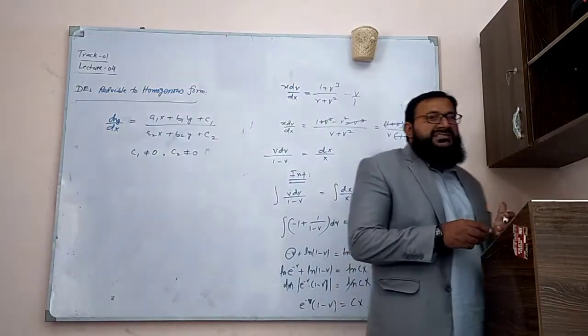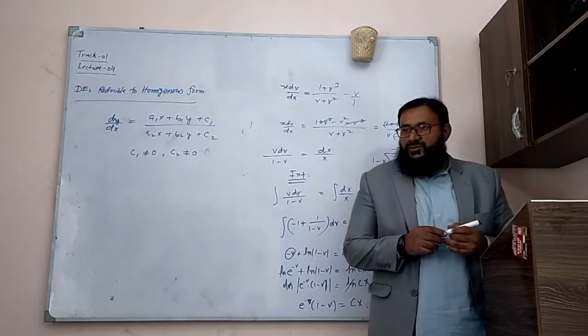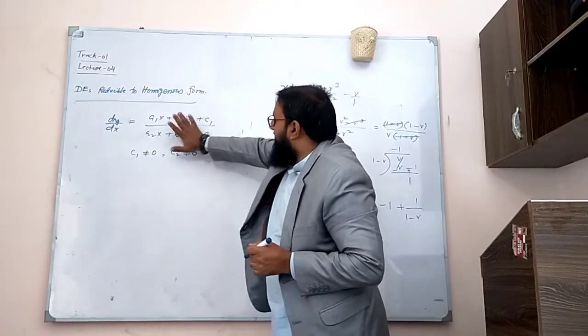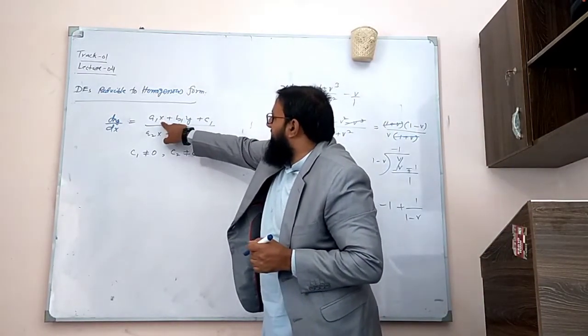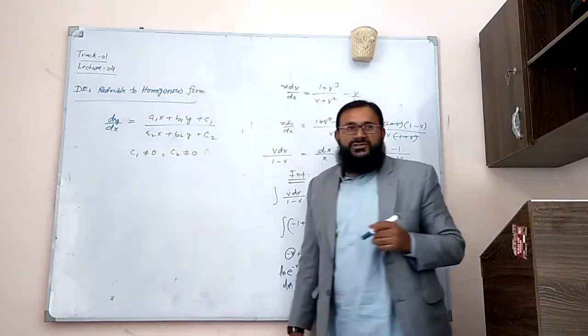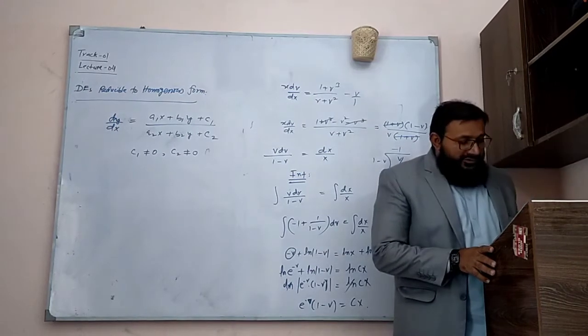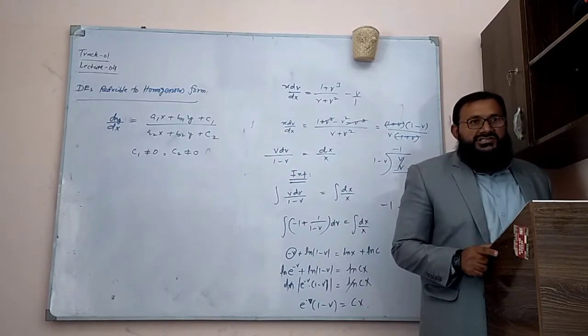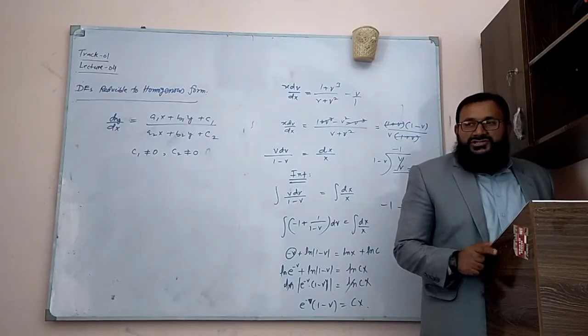If they are 0, then this equation becomes homogeneous simply, because the degree of each term is 1, then this equation will be homogeneous. But we don't have a homogeneous equation here, but we can convert this into a homogeneous equation. Okay, so this is the idea.